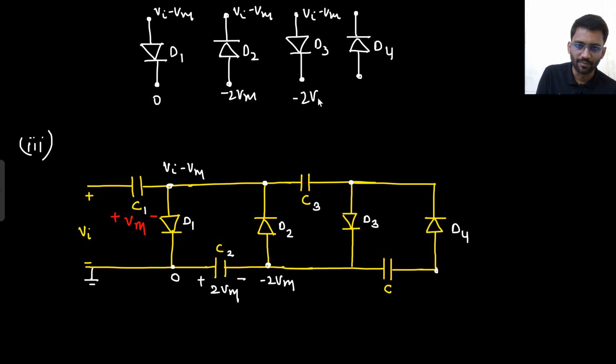That will be minus 2 Vm. What about D4? This C4 is also not charged, so minus 2 Vm will be going here, and the upper end will be Vin minus Vm traveling here, and this minus 2 Vm is traveling here, like that. Good enough?